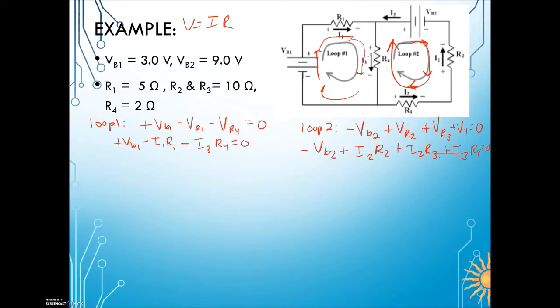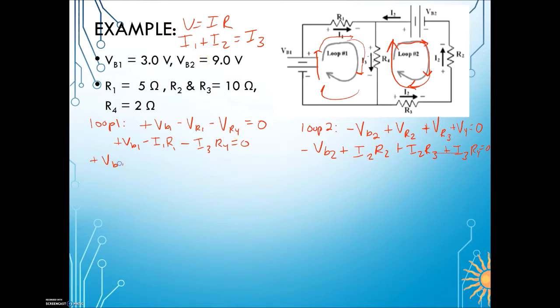Now, if we look at our equations, you can see that I have 3 variables, but I only have 2 equations. So I need to get rid of one of my variables, and I'm going to do that using the junction rule. According to my diagram, I1 plus I2 is equal to I3. So I'm going to put I1 plus I2 in for I3.